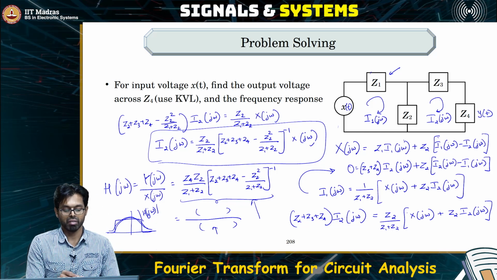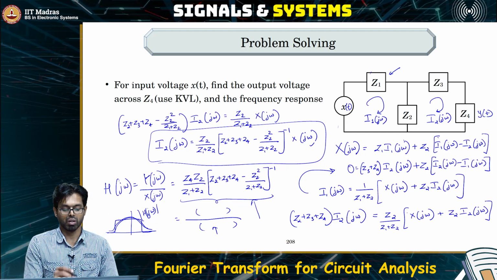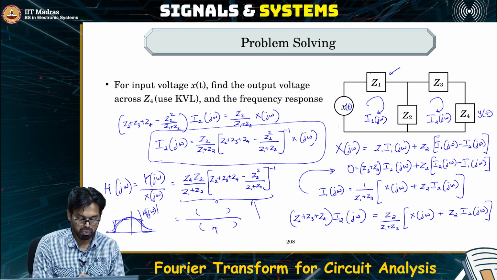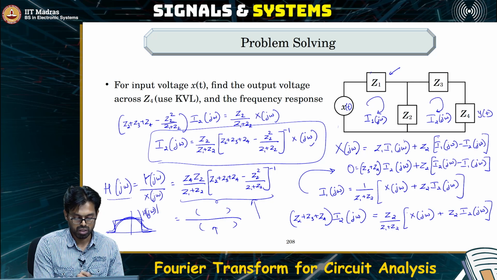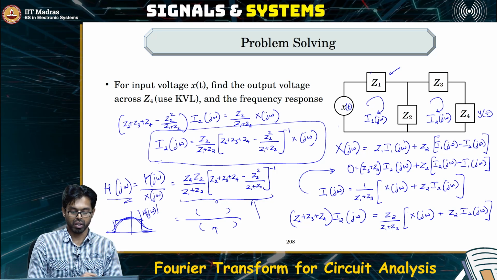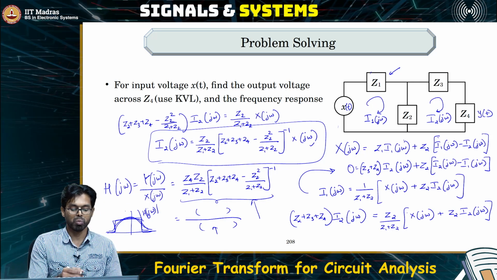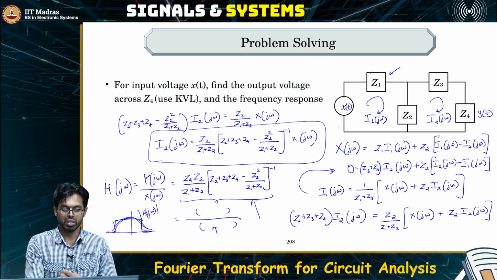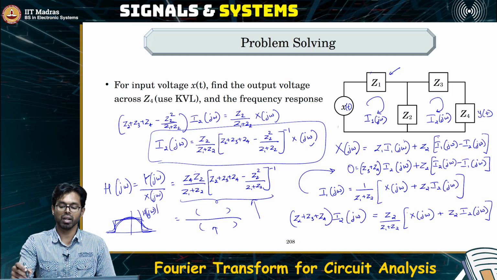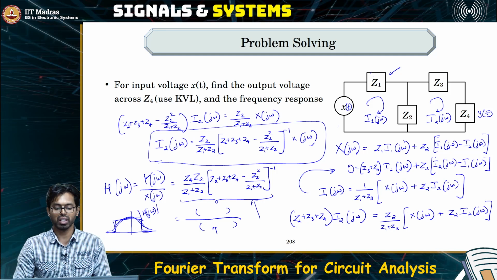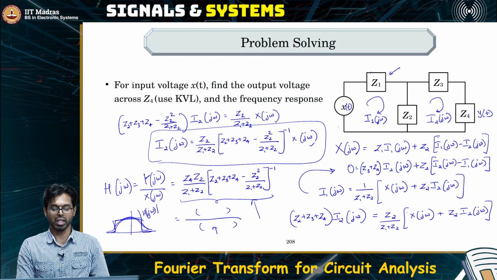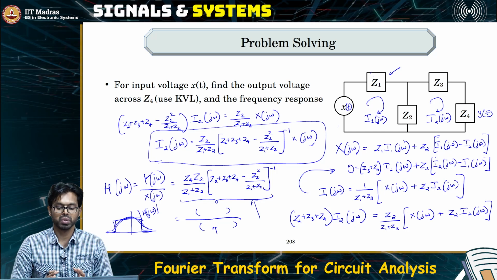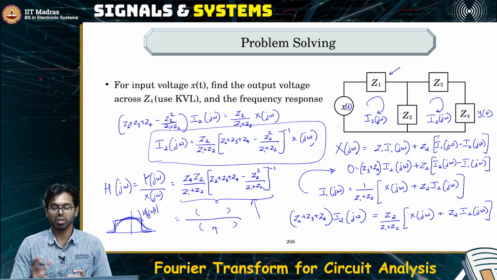Then I can find the values of Z1, Z2, Z3, Z4 such that the frequency response looks almost like the low pass filter that I want. Then the moment I find those Z1, Z2, Z3, Z4, I can go back and replace them with the corresponding resistor, capacitor or inductor. So this is how Fourier transforms and signals and systems help in the design of circuits.